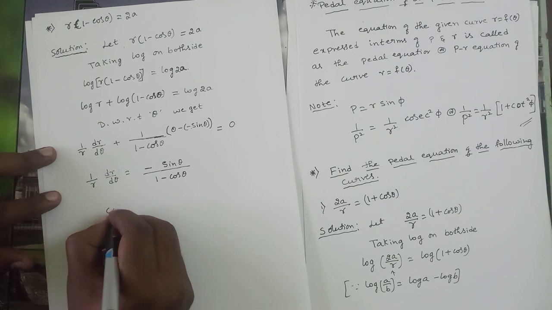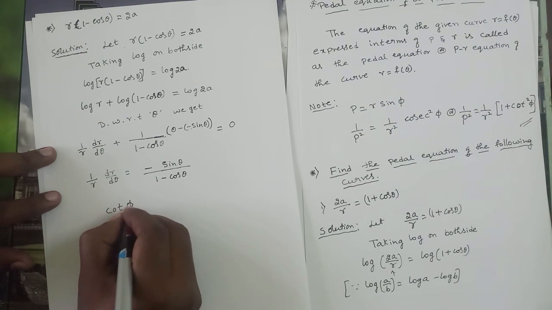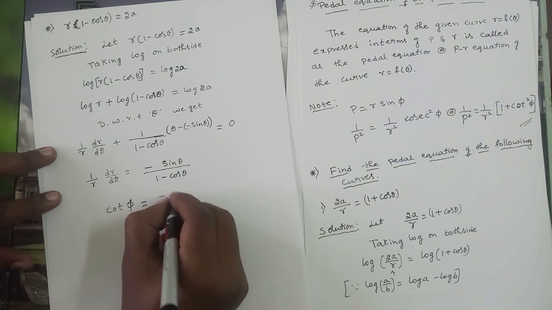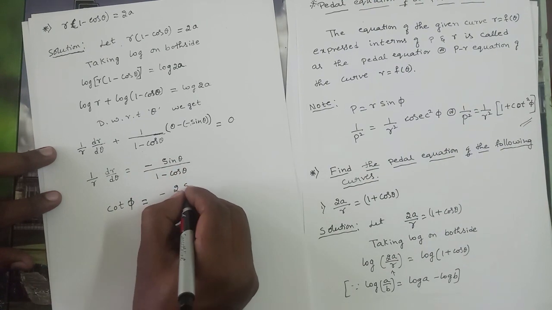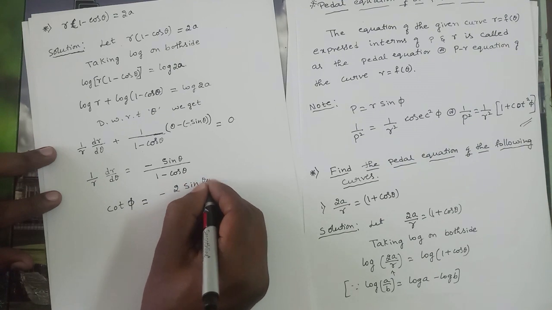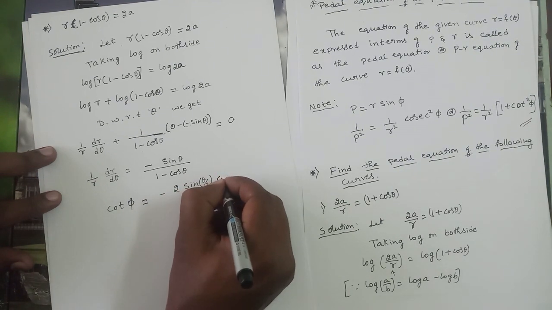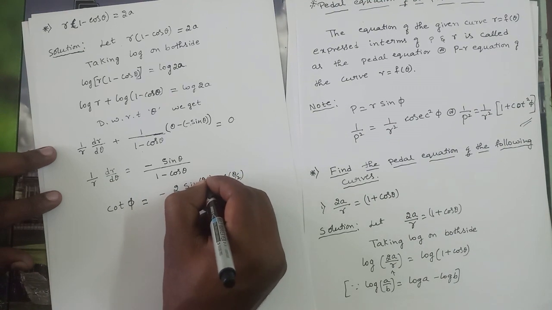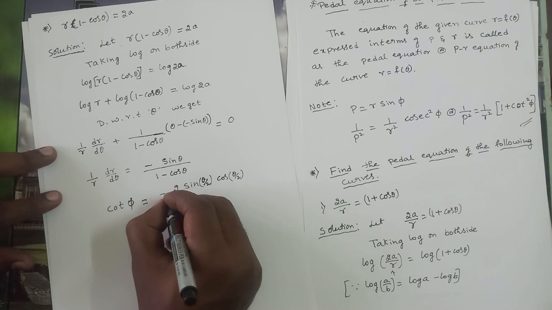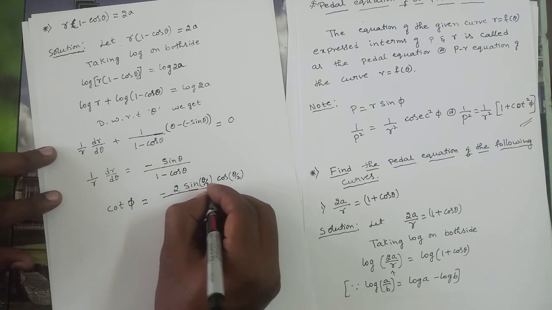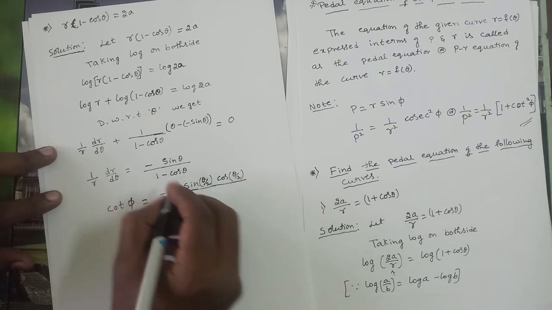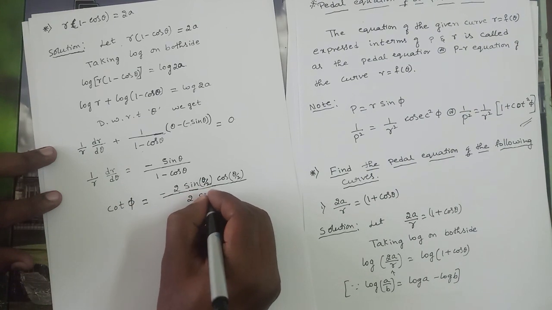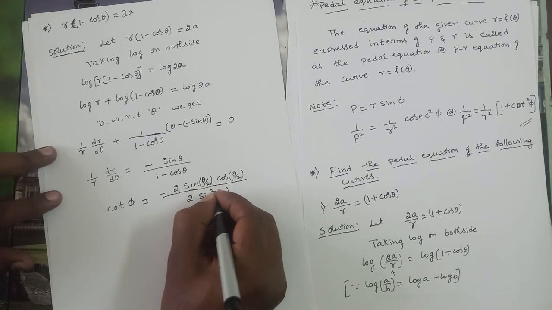So this can be written as cot phi. So cot phi equals minus 2 sin theta by 2 into cos theta by 2, whole divided by 1 minus cos theta, which can be written as 2 sin square theta by 2.